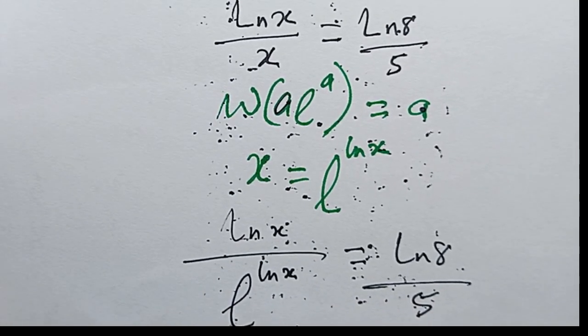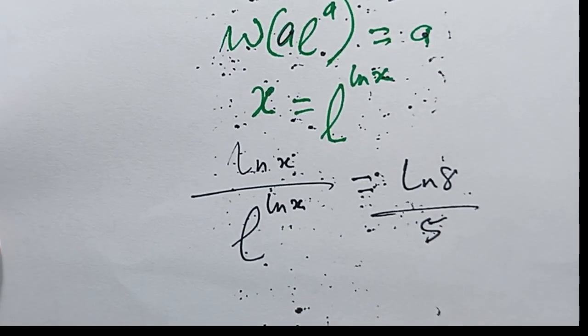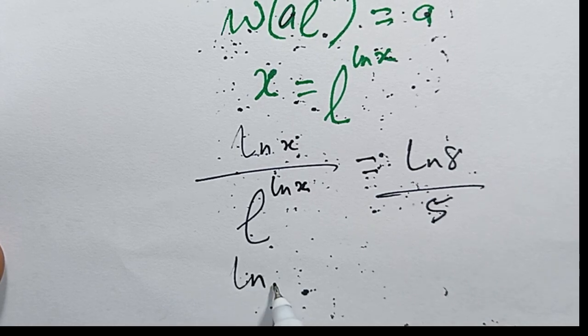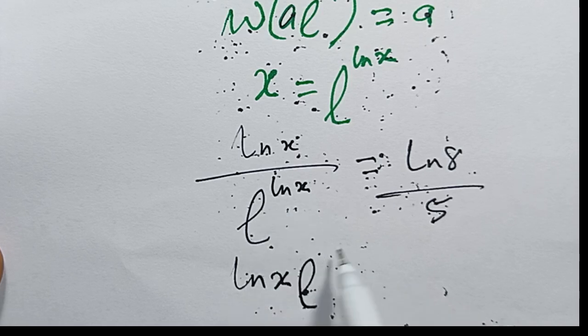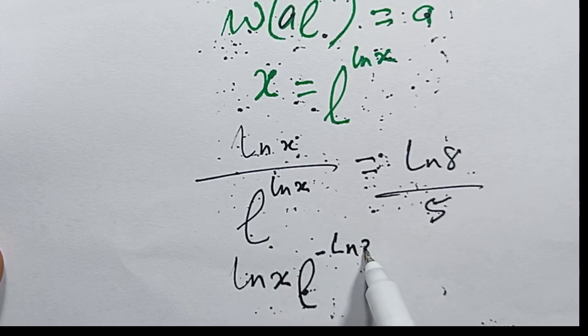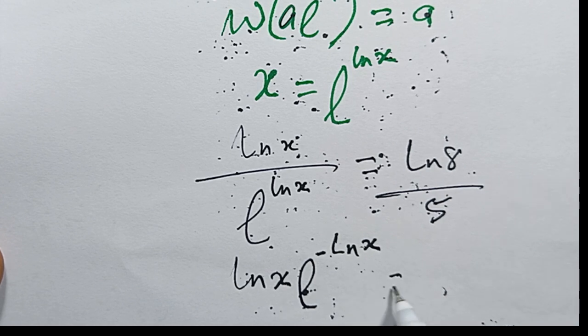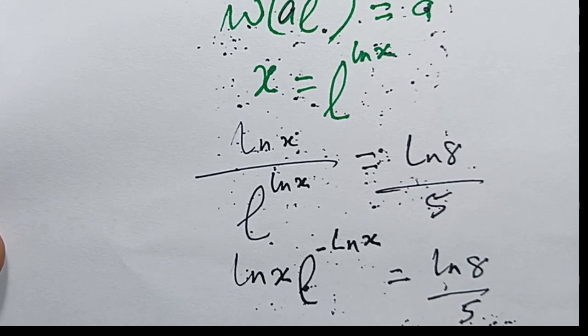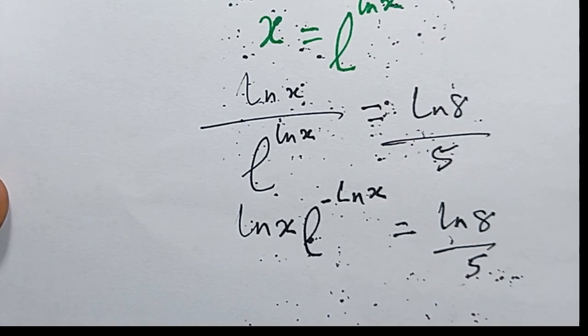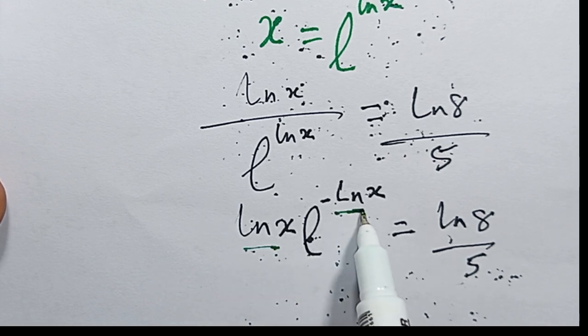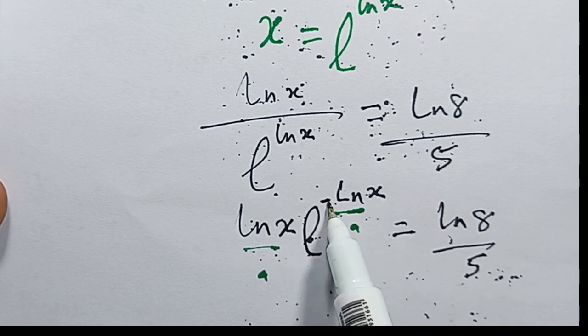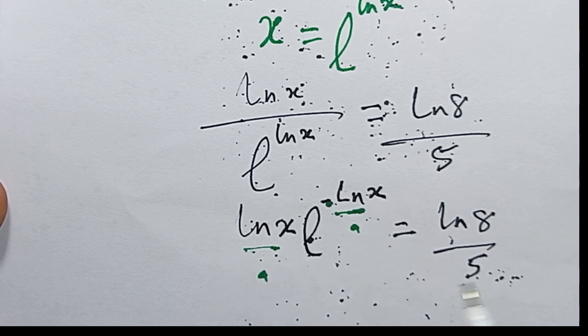Okay, so next I can bring this one to the numerator. If I do that, I will have the natural log of x multiplied by the exponential, and when it comes up, the sign changes to negative, basically the inverse. This is equal to the natural log of 8 divided by 5. When you look closely, you will see that we almost have the same thing as a e to the power a, only that we have negative natural log of x here and this one is positive.